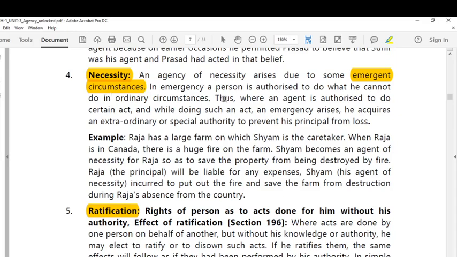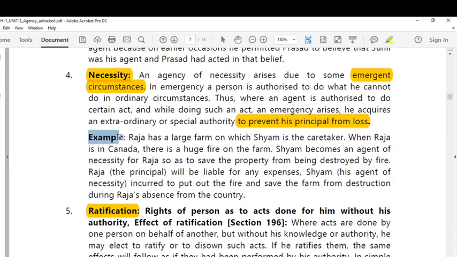Thus, where an agent is authorized to do a certain act, and while doing such an act an emergency arises, he acquires an extraordinary or special authority to prevent his principal from loss. So that emergency should be to prevent the principal from a loss.